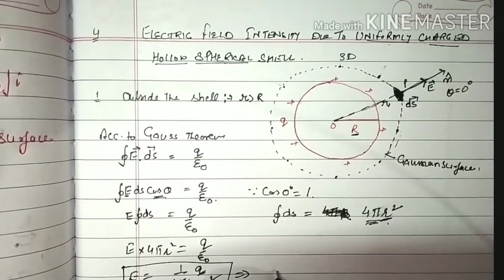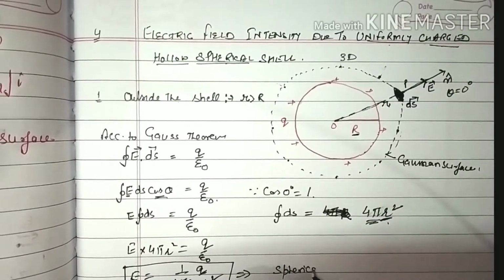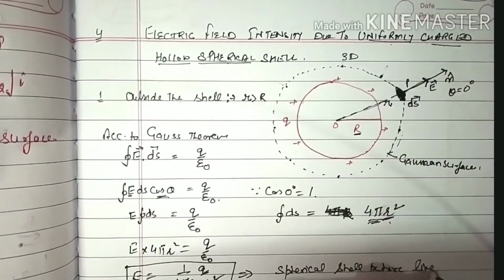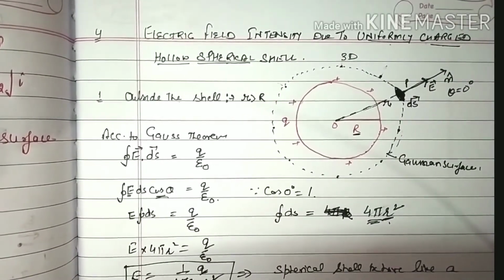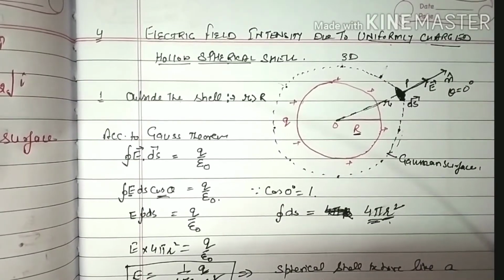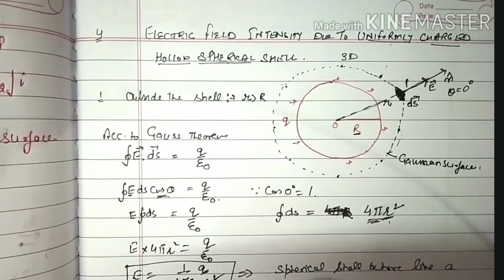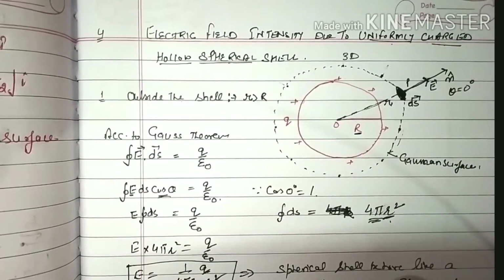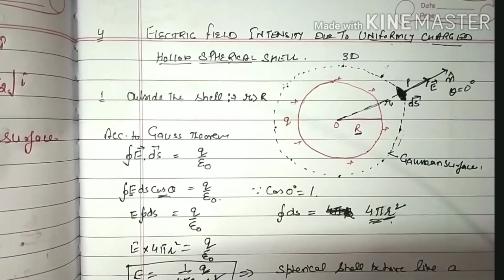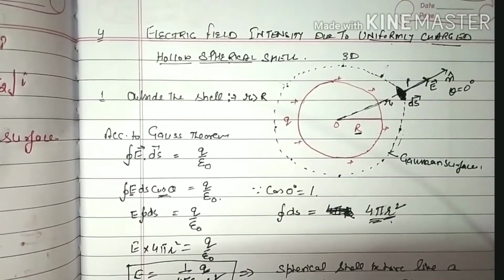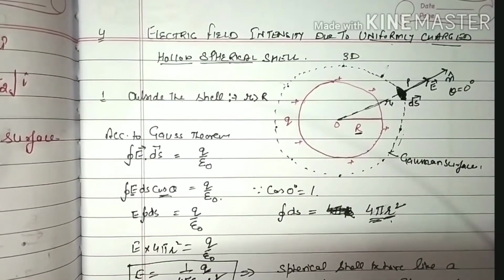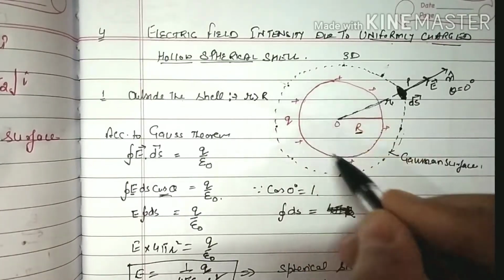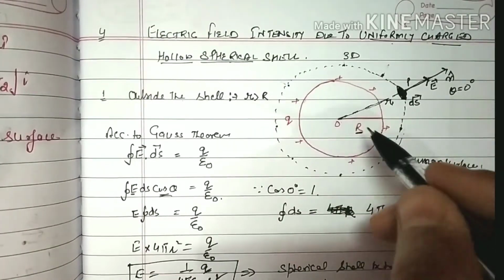So we can say that the spherical shell behaves like a point source charge for an outside observation point. Meaning from this point, this spherical shell behaves like a point charge.